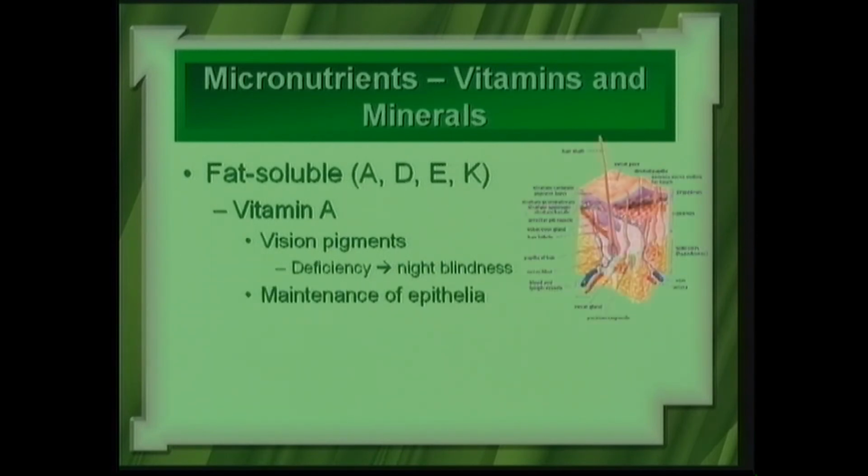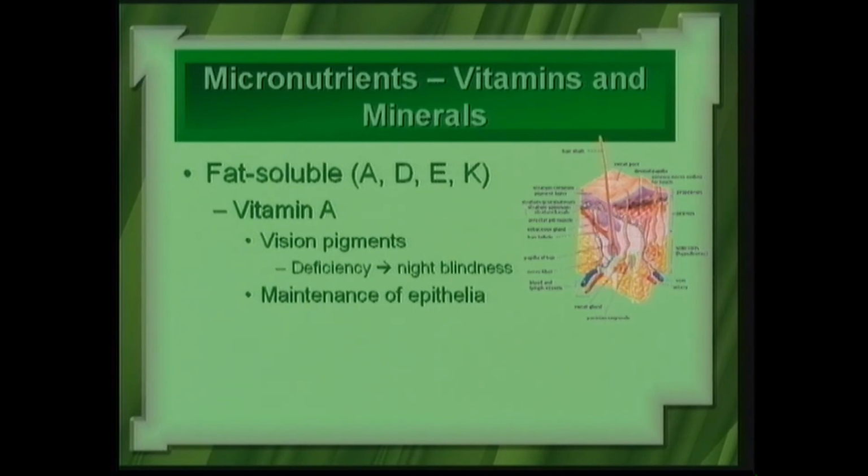Furthermore, vitamin A is also involved in the maintenance of the epithelia. What are epithelia? They're the cells that cover your body on the outside as well as the inside. Here we have a little section of human skin. You have a hair follicle, the epidermis, keratin layer, all this sort of thing.